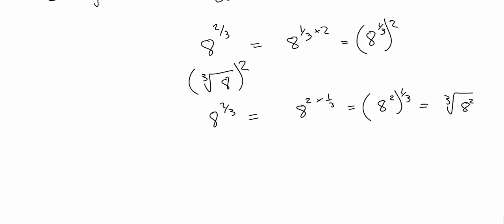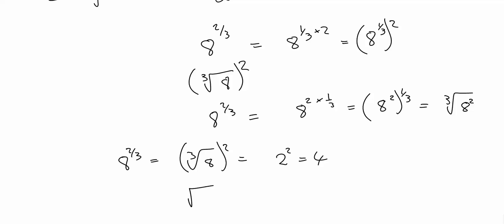So 8 to the power of 2/3 is either the cube root of 8, squared, and the cube root of 8 is of course 2, squared, which is 4, or it's the cube root of 8 squared, which is the cube root of 64, which is also 4.